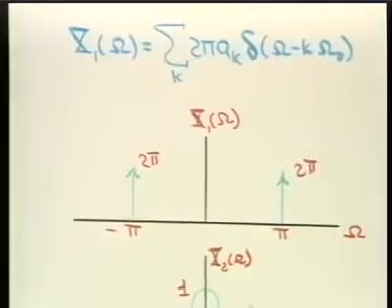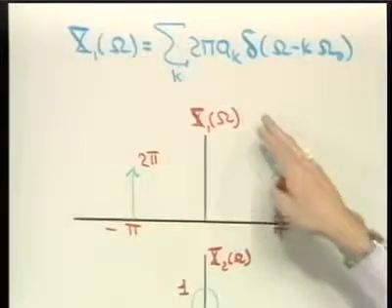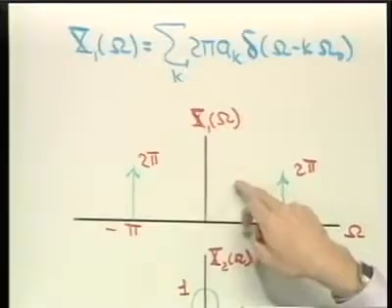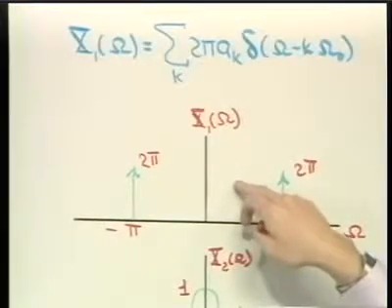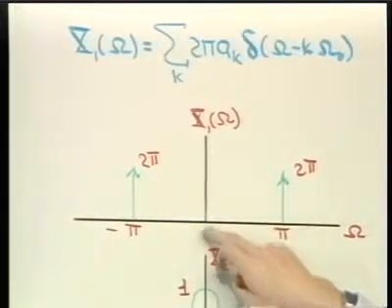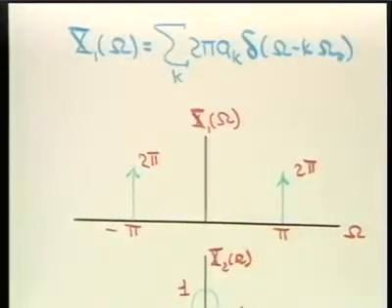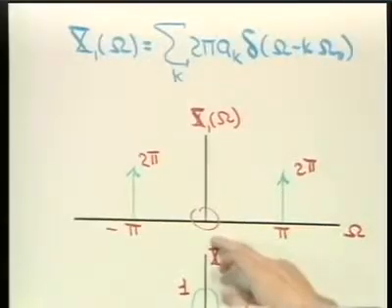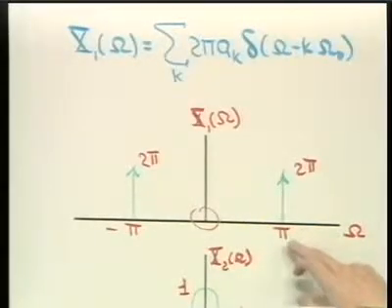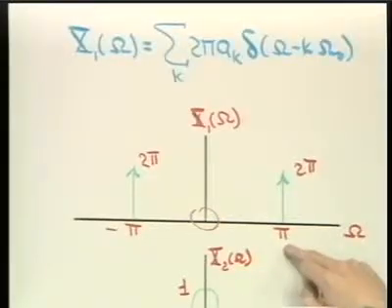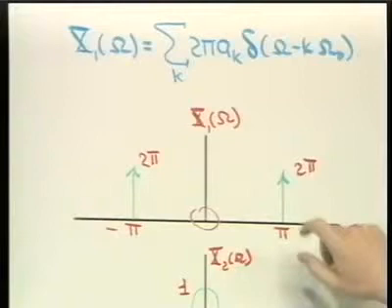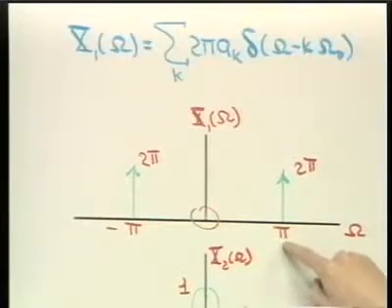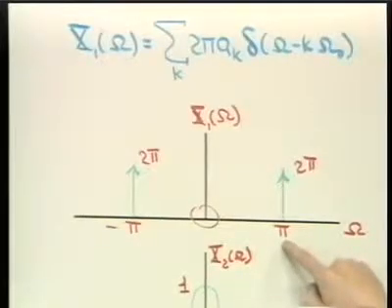Notice that in the plot that I've shown here of the Fourier transform of x1 of n, we have the 0th coefficient, which happens to be 0, and so I haven't indicated an impulse there. We have the coefficient a1, and the coefficient a1 occurs at a frequency which is omega 0, and omega 0, in fact, is equal to pi, because the signal is e to the j pi n.